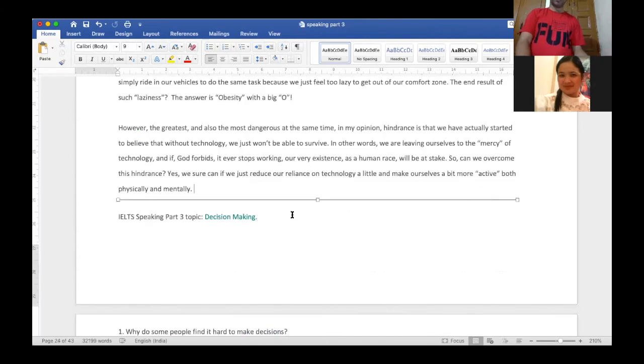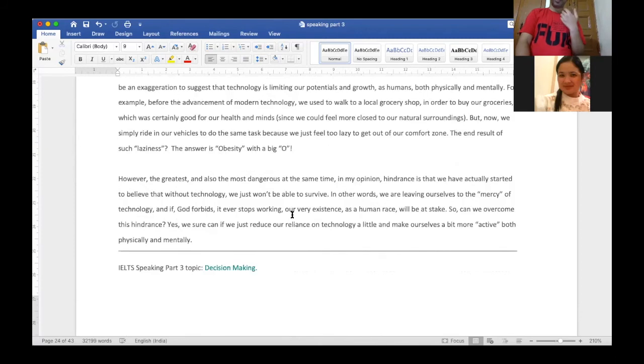So can we overcome this hindrance? Yes, we sure can if we reduce our dependence on these techniques and we become a bit more active.